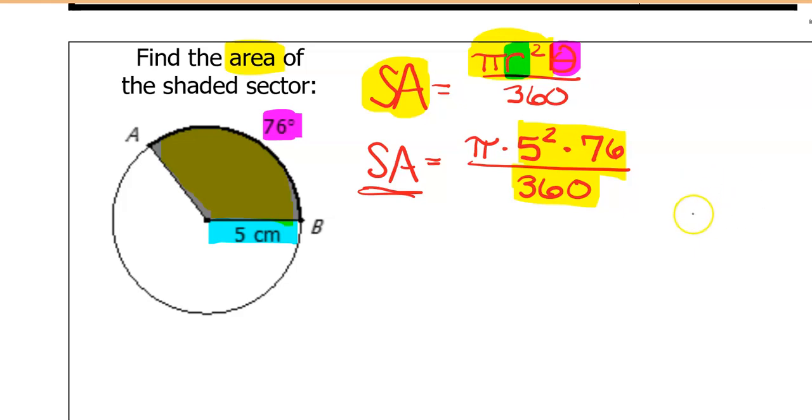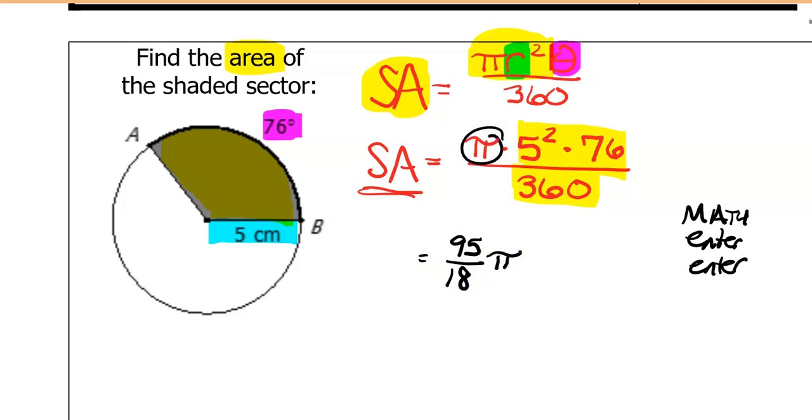On mine, I'm going to hit math, enter, enter, and it gives me a fraction, 95 over 18. And then I just say, oh right, there was a pi there, and we're good. If you did it on a blue and white calculator, it probably put the pi in the numerator. That's fine.